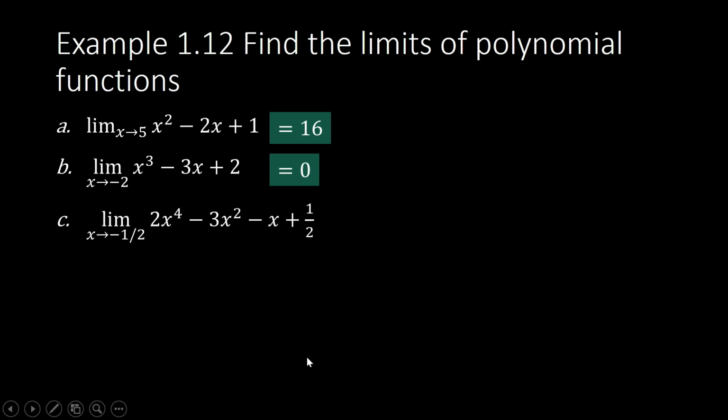How about this? The limit of 2 times x to the fourth minus 3 times x squared minus x plus 1/2 as x approaches negative 1/2.